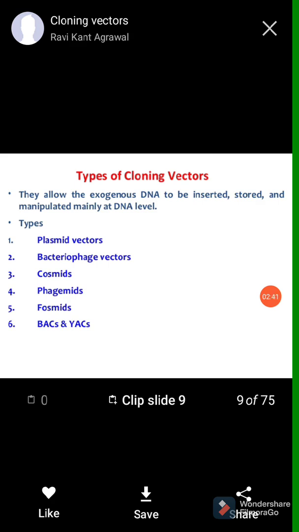Okay, they are artificially synthesized. And one more vector they did not mention here, the human artificial chromosomes. BACs and YACs are the bacterial artificial chromosome and yeast artificial chromosome. So all these other vectors I have given in the notes, you can just go through.